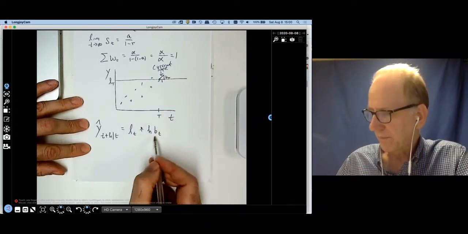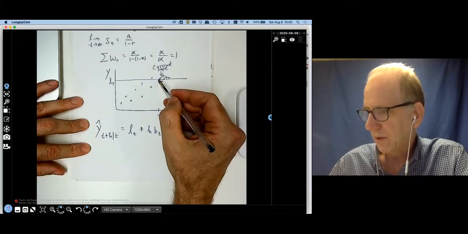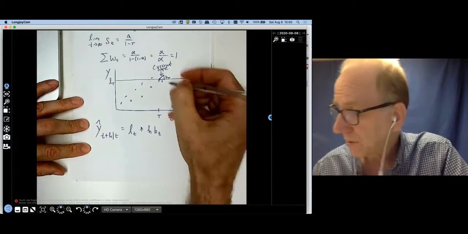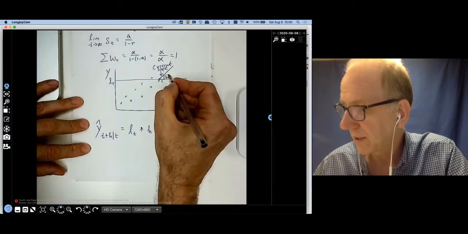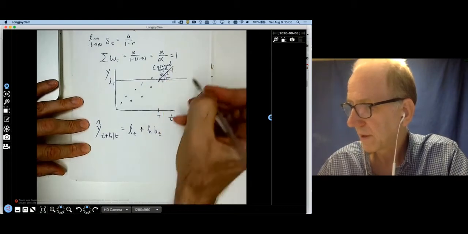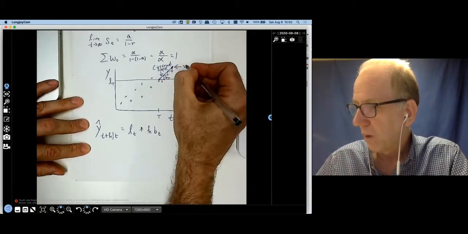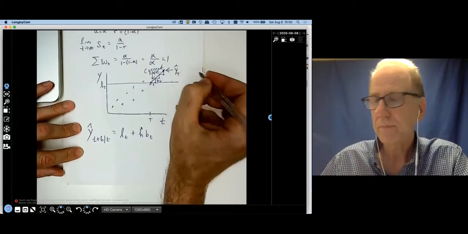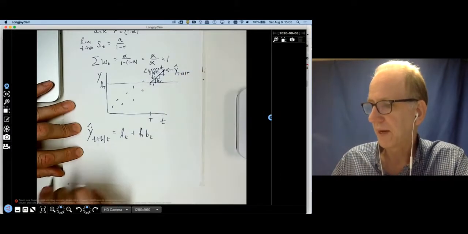And so the whole idea of this equation is that we're just going to take the current level, and if I want to go, say, 3 periods out, then I'm going to take 3 hops of size bt. All right, so this would be my forecast. This would be y hat big T plus 3 given the information I have at t.